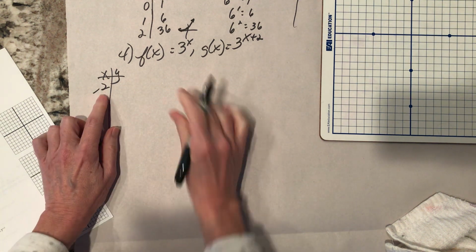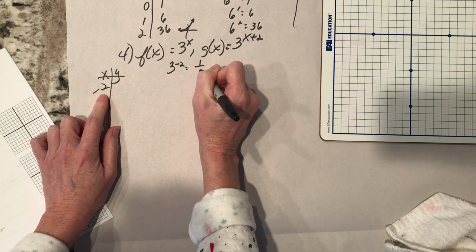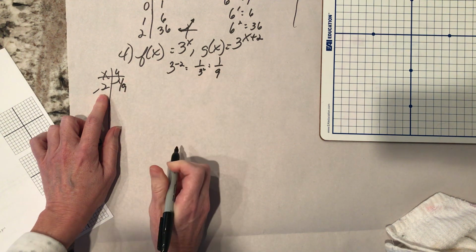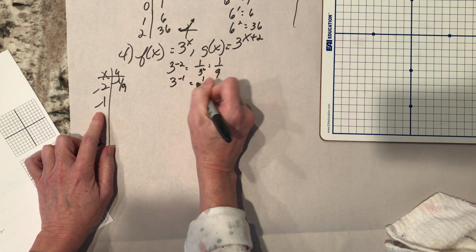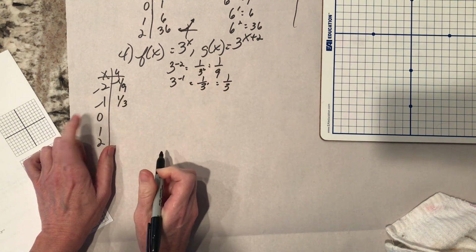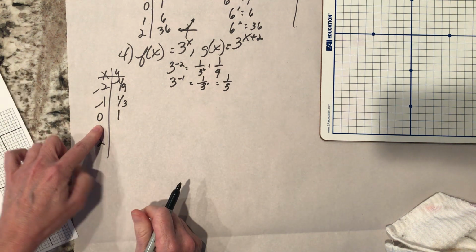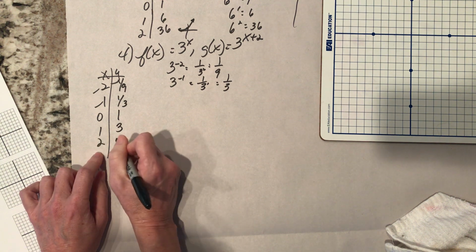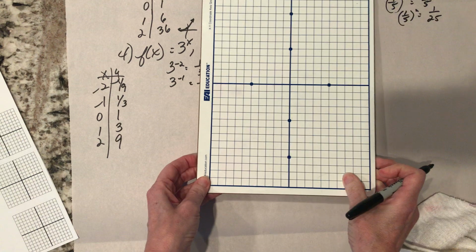We'll go ahead and do 3 to the -2. 1/3 squared, which is 1/9. 3 to the -1. The exponent says move it. So we get 1/3. 3 to the 0 power is always a 1. Anything raised to the 0 power is a 1. 3 to the first power and 3 to the second power. So we would graph that.